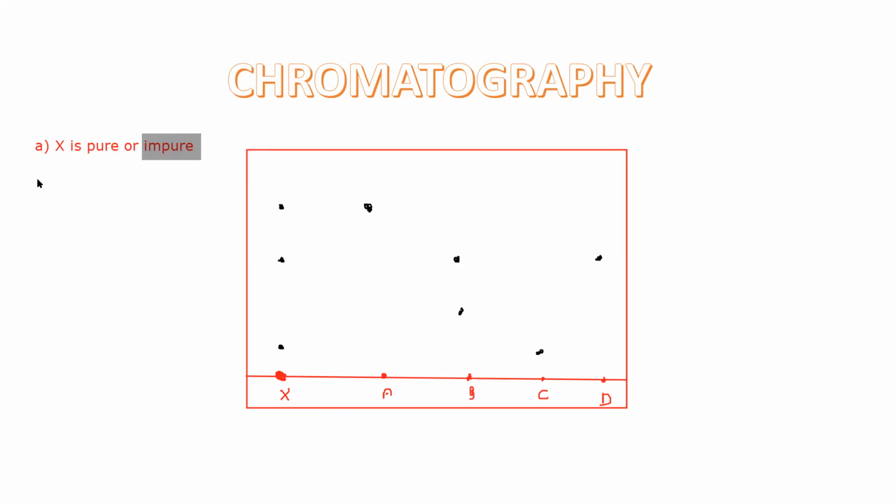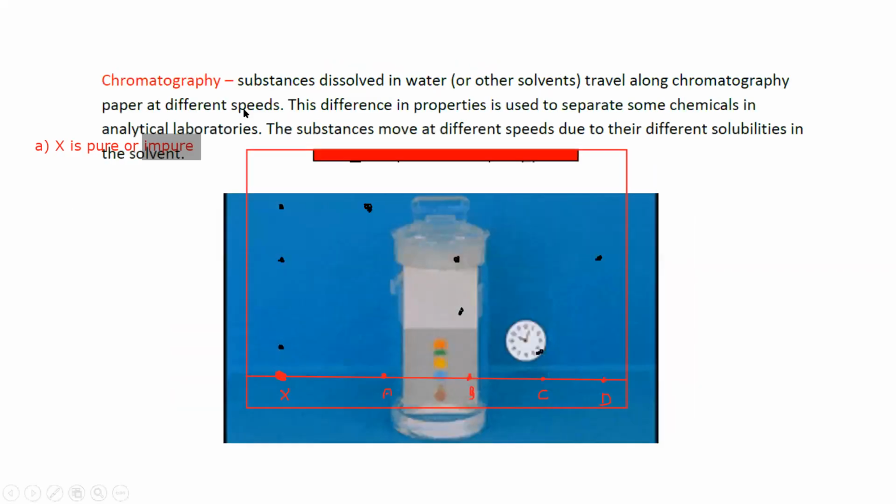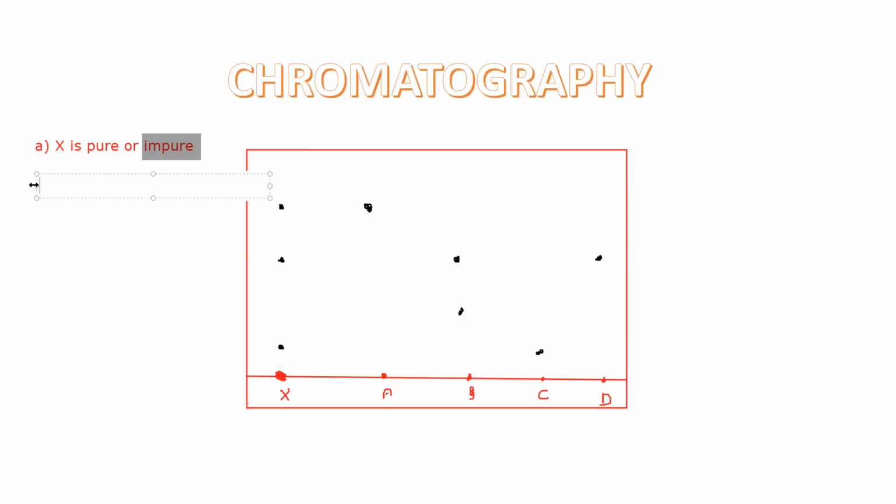Now, we check the substances present in X. Instead of saying more particles, you can say more spots are there in a chromatogram. So now we are checking what substances are present in X. If we check A, if the same substance is present in X, they will have the same positions.